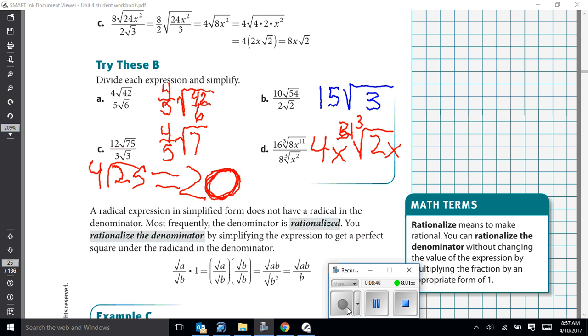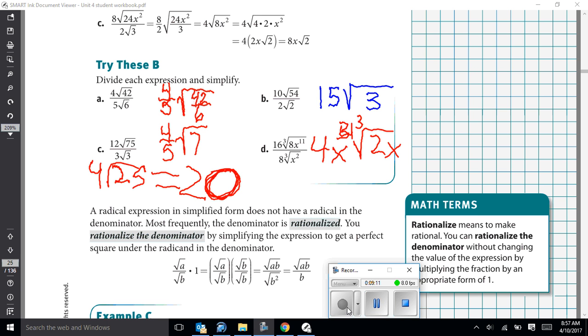So 10 divided by 2 is 5. So you put the 5 down. 54 divided by 2 is 27. So then you have to do the factor tree of 27. And it's 9 times 3, which is 3 times 3 times 3. And you have to combine your two trees to make one on the outside.